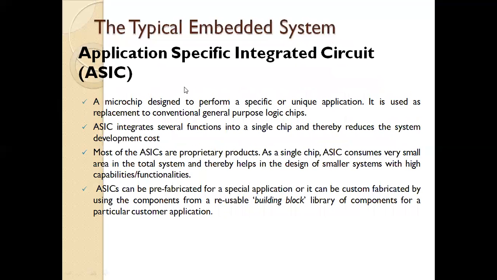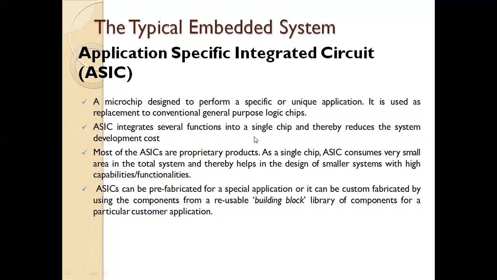Next, another part of the system core is the application-specific integrated circuit, called ASIC. This ASIC is a microchip designed to perform a specific or unique application. It is used as a replacement for conventional general purpose logic chips. We have seen the digital camera, which is a best example of an embedded system. The digital camera will do only the specific task, that is capturing pictures or storage.